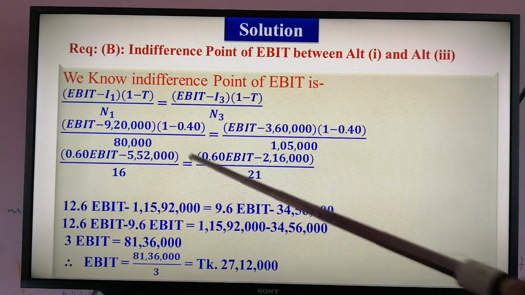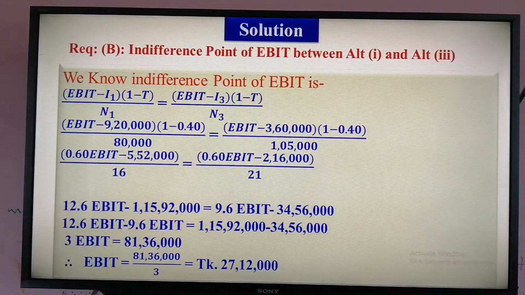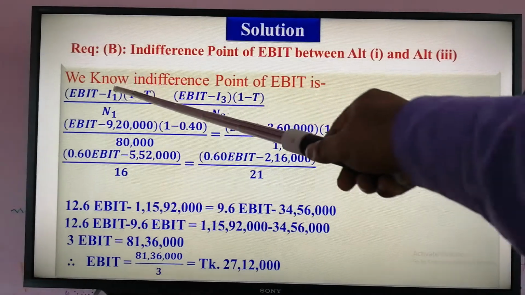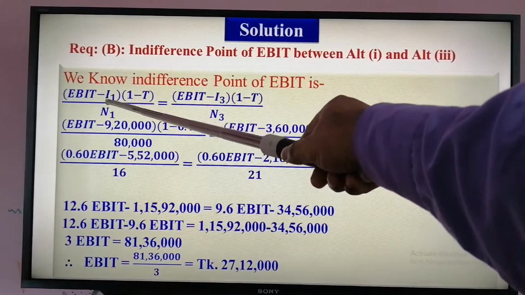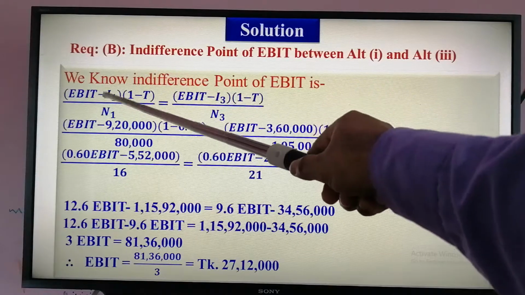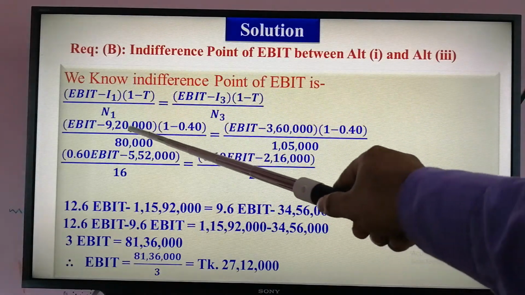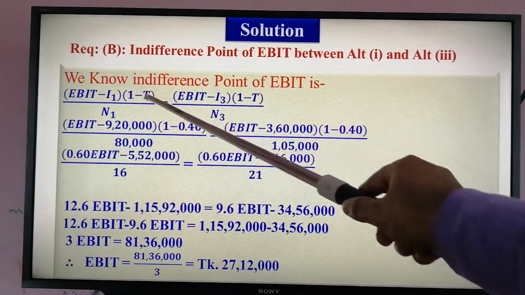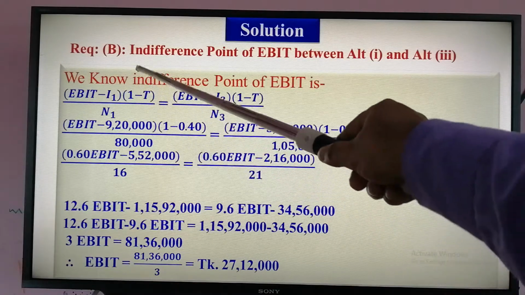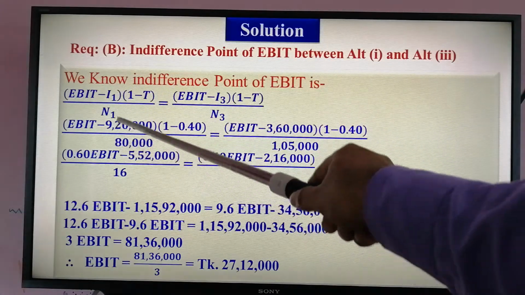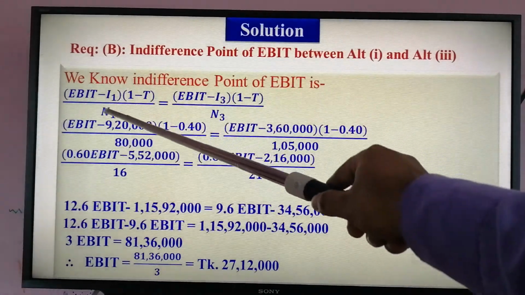So PD is out. The formula is (EBIT minus I1)(1 minus T) divided by N1. Here I1 is the interest of alternative 1, times 1 minus the tax rate 0.40, divided by the number of shares N1 of alternative 1.